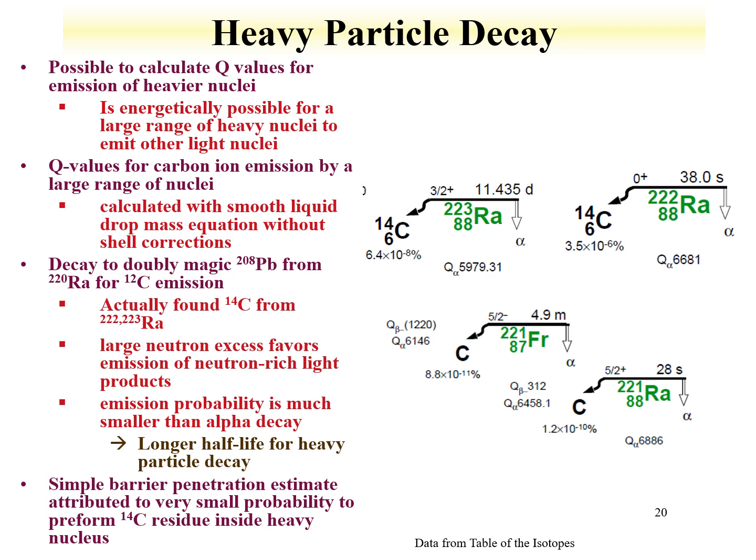This barrier model that we discussed, however, can be applied, except the only difference between alpha particles and carbon nuclei would be their mass. And also, the probability of the preformation of a carbon-14 residual inside of a heavy nucleus is also small. So that's why we get very small probabilities.